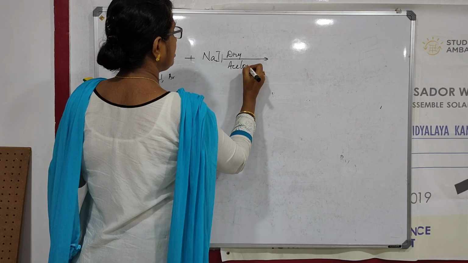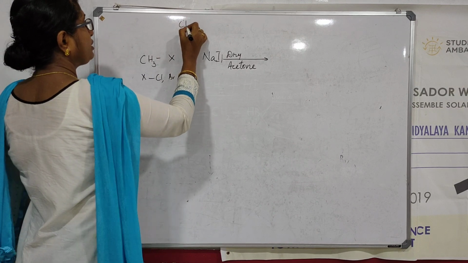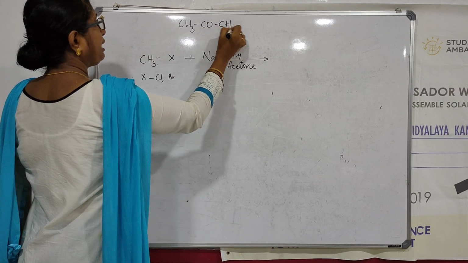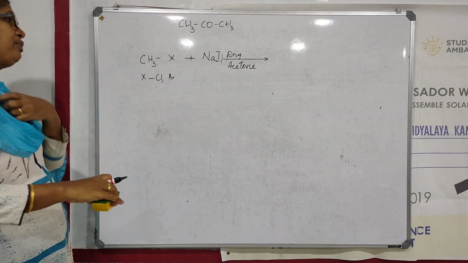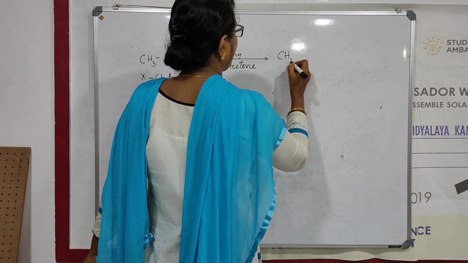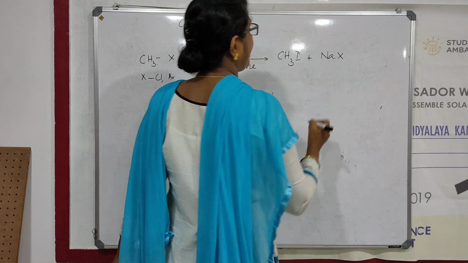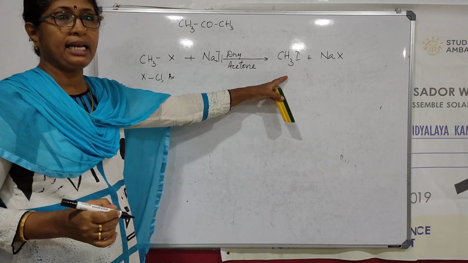What is acetone? Acetone is propanone, CH3COCH3. The common name of propanone is acetone. In dry acetone, if you do this reaction, you will get CH3I, iodomethane, plus NaX. NaX gets precipitated in dry acetone and you will get methyl iodide.